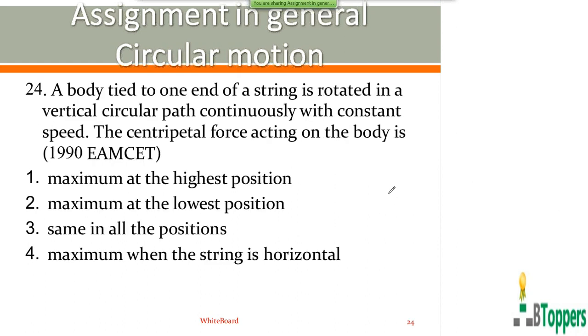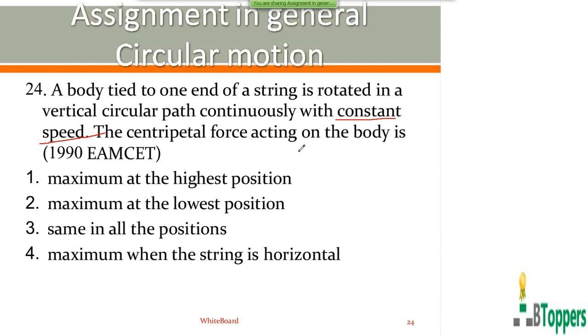Look at question number 24. A body tied to one end of a string is rotated in a vertical circular path continuously with constant speed. The centripetal force acting on the body is. This is an example of uniform circular motion in a vertical circular path because it is mentioned that speed is constant.